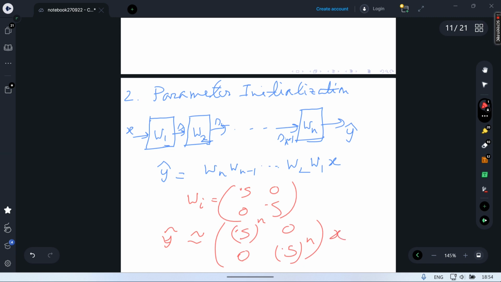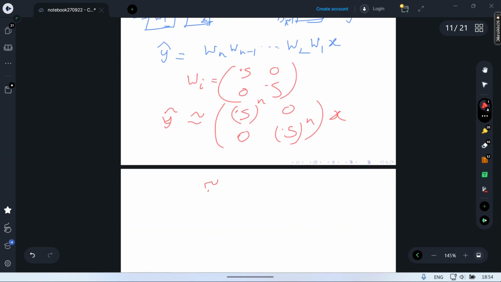Which is close to 0, because 0.05 to the power n as n increases will be close to 0, and so the whole matrix will take a value close to 0, and when you multiply a zero matrix with some input vector, the output will be close to 0.